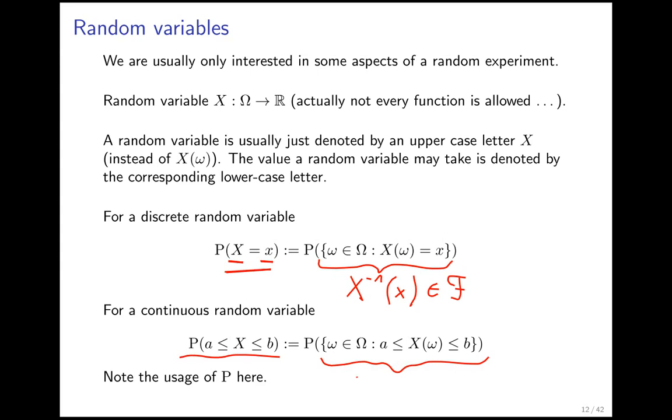So that's X to the minus 1 of the interval a, b. And that's again in F. That's a special kind of F. It's the Borel sigma algebra, if you know about measure theory, but it's not so important what this actually is.